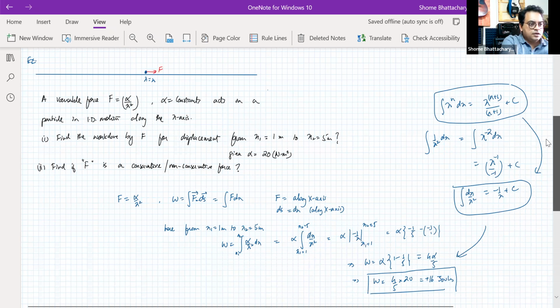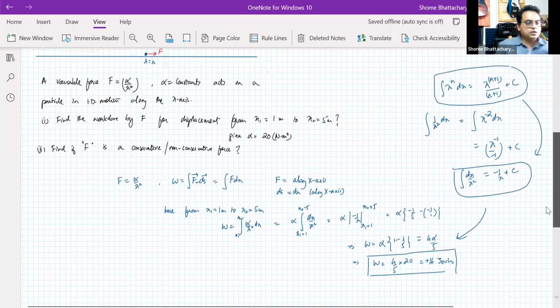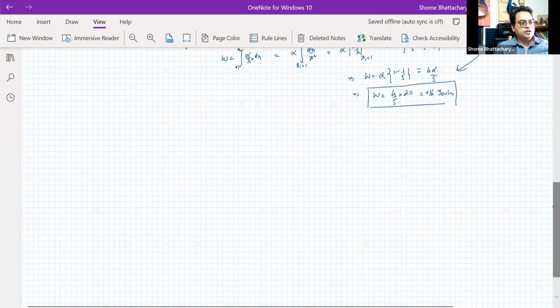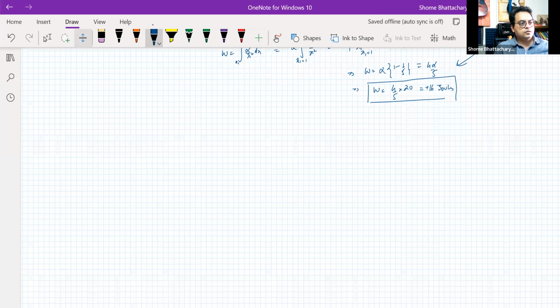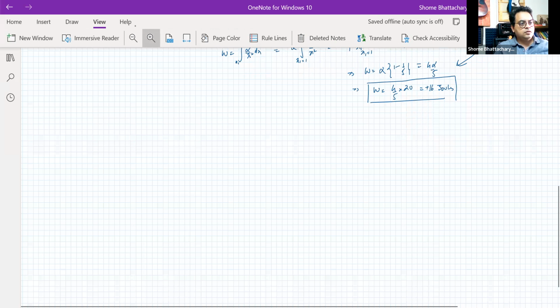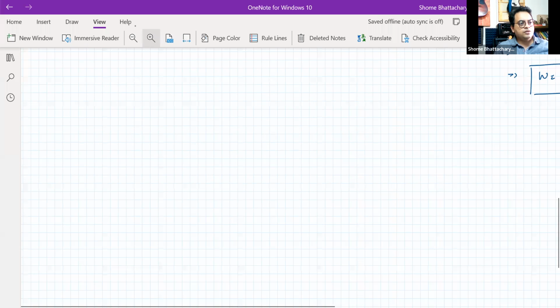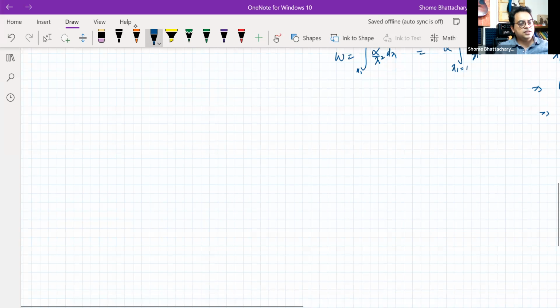Okay, so that is this part. Now to find out whether it is conservative or non-conservative, what we can do is first develop a general formula for work done from some initial to final position.